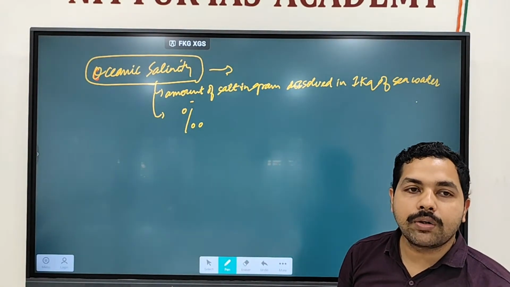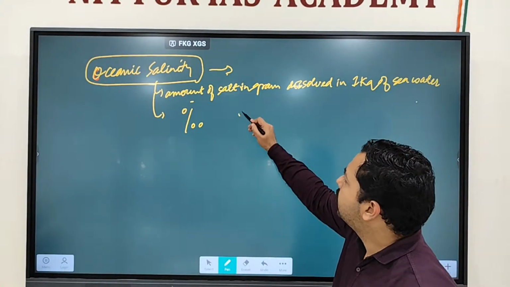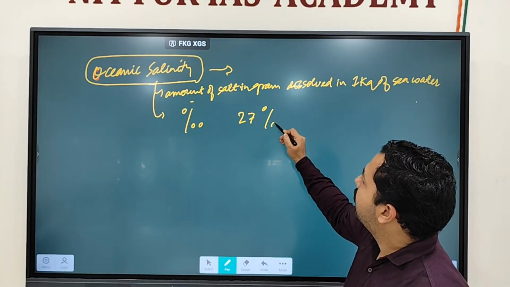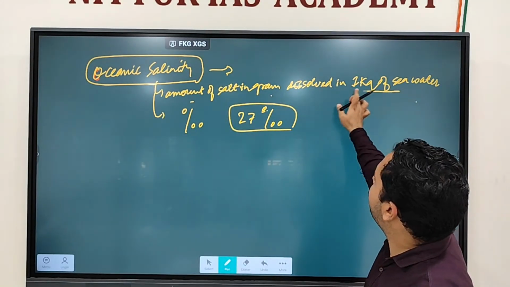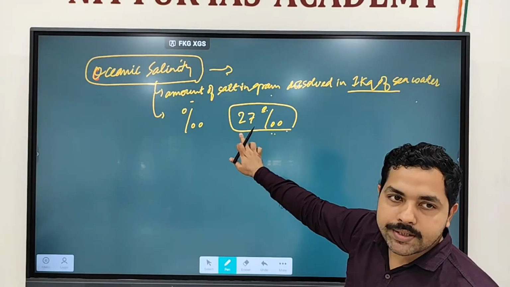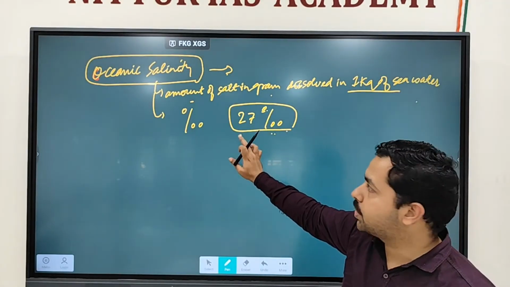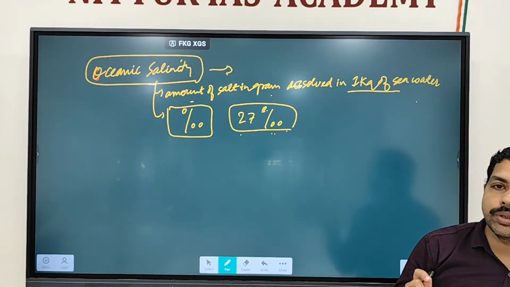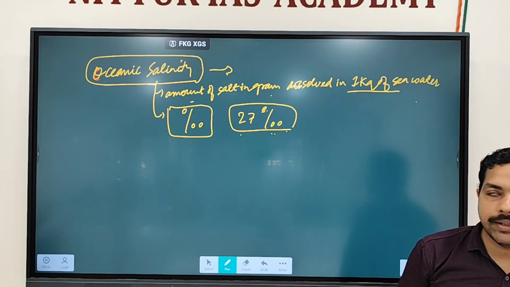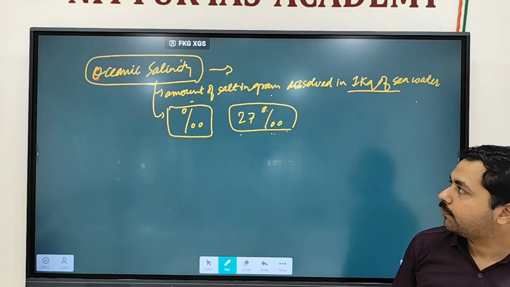This is how we express oceanic salinity. Let's say 27 parts per thousand. This indicates how many grams are dissolved in 1 kg of water. So this is a symbol for denoting the oceanic salinity. Fine. Any doubt regarding this particular thing?